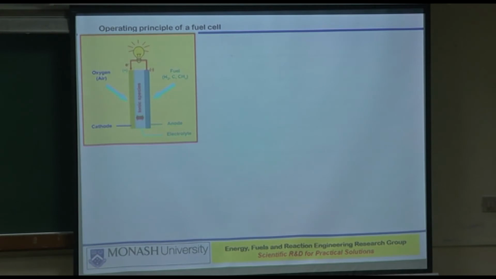If the fuel gets oxidized at the anode by some kind of an anodic reaction, then it will generate electrons, and those electrons will find their way to the other side, through the electrolyte, which carries ionic species, and will generate power. That's the concept, the operating principle of a fuel cell.